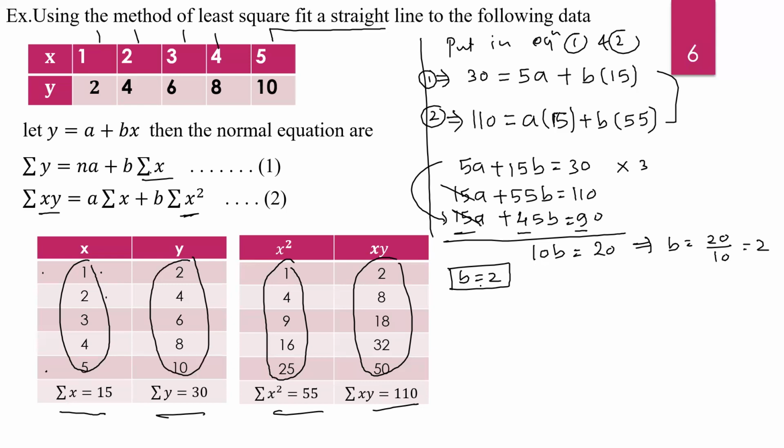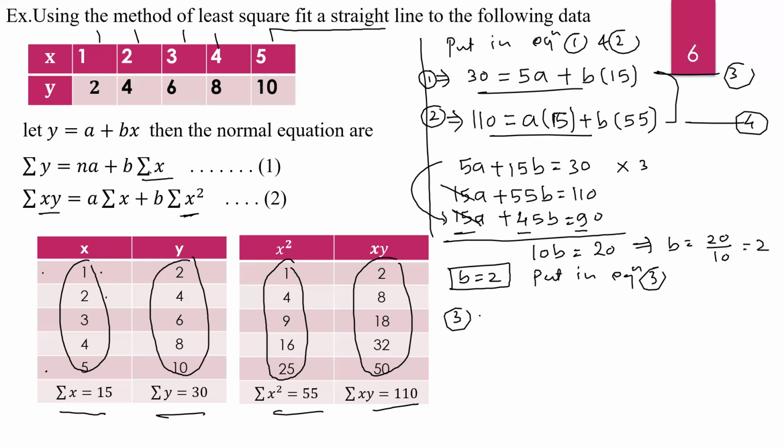Now put this value in the first equation, otherwise the second equation, and we get the value of a. Suppose this is equation number 3, this is equation number 4. I'm putting this in equation number 3.